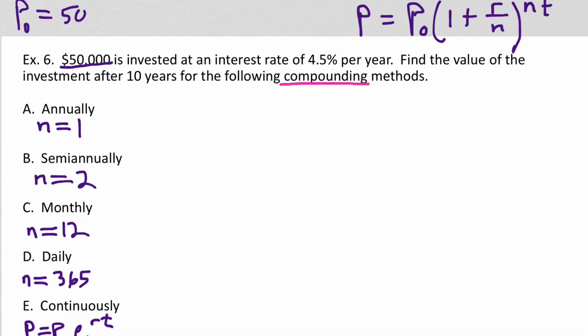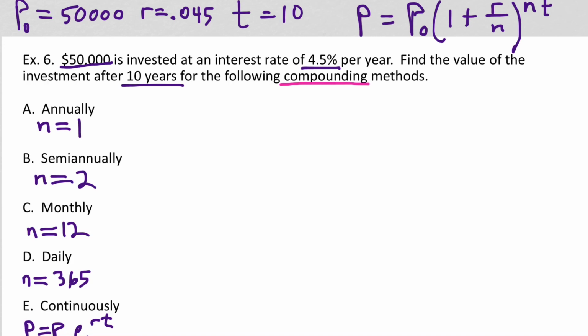P0 is $50,000. You're given your interest rate, and we want that in decimal form, so that would be 0.045. And then it says after 10 years, so that's t in years. t is 10, so we want to work in years for the following compounding methods.